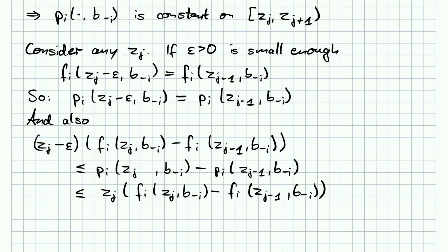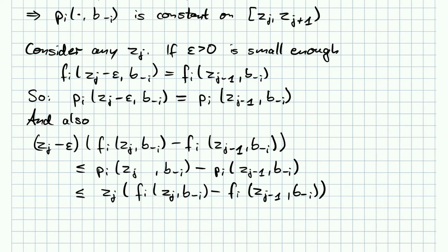So this is now comparing the points zj and zj minus epsilon via the payment differences sandwich using that fi of zj minus epsilon is exactly fi at zj minus 1, and also pi at zj minus epsilon is equal to pi at zj minus 1. Good. Now this is what we're getting out of this.